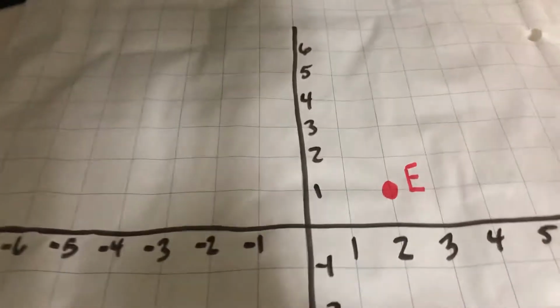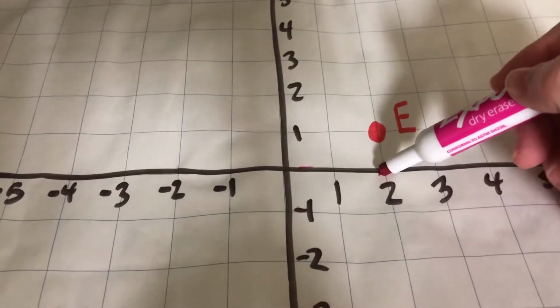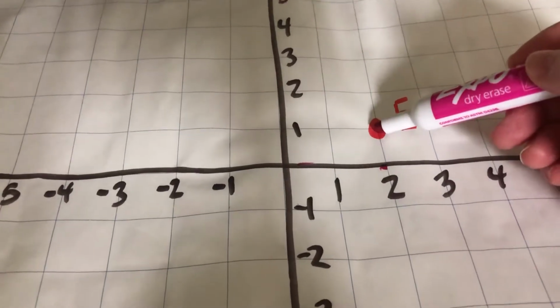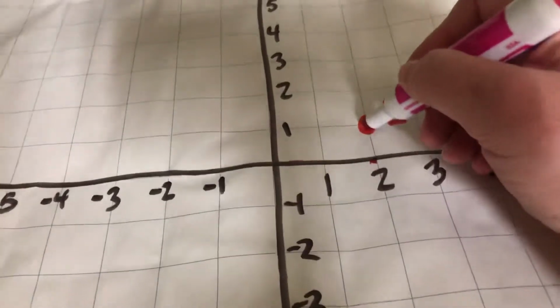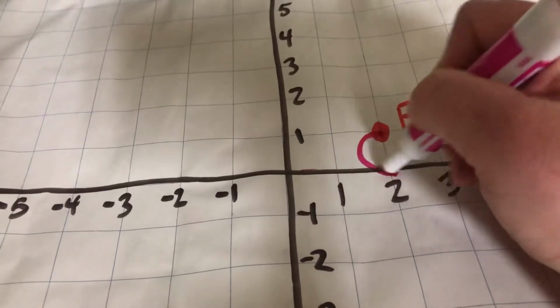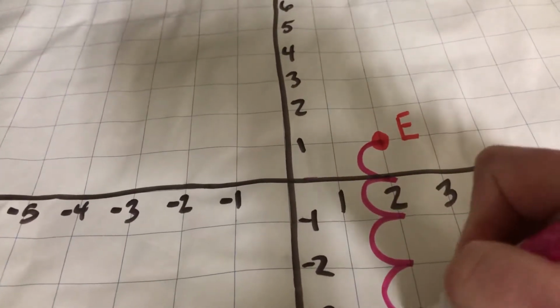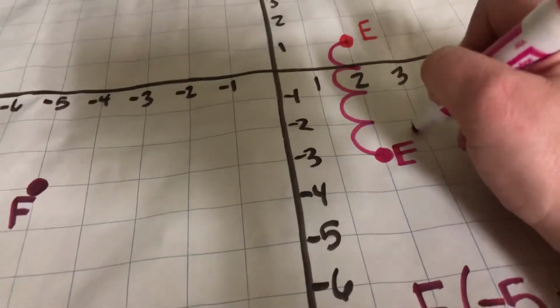So let's go back up to our original dot. I'm going to stay on my 2 on my x-axis, but I'm going to now go down 4. A negative is like going down, so I'm going to go down 4. 1, 2, 3, 4. And I'm going to put my new dot, and I'm going to label it E1, because it was asking me to create an image of E.